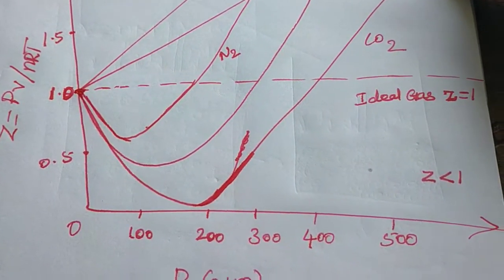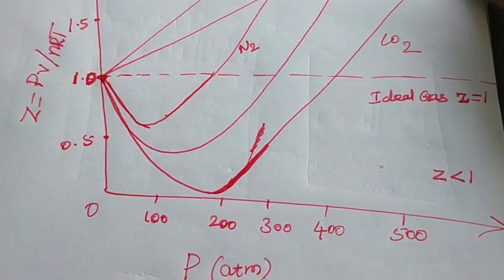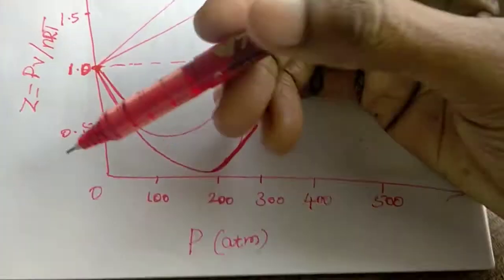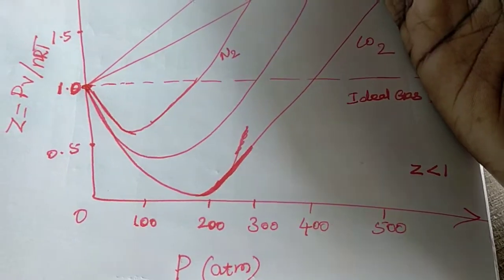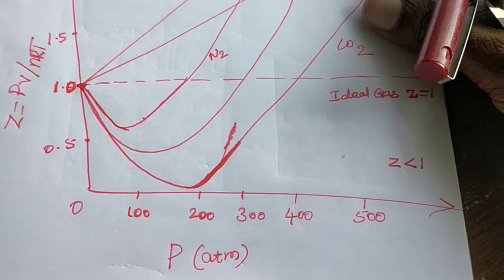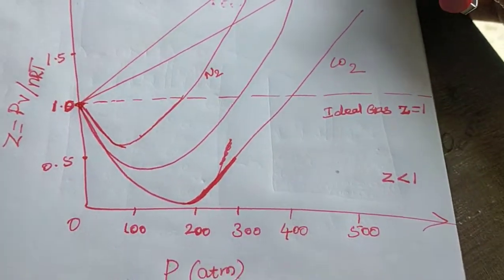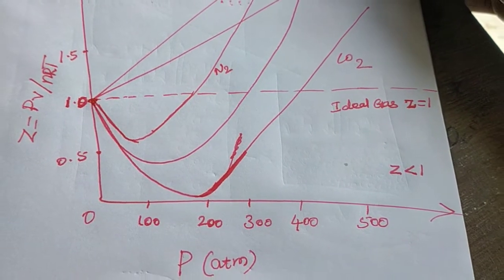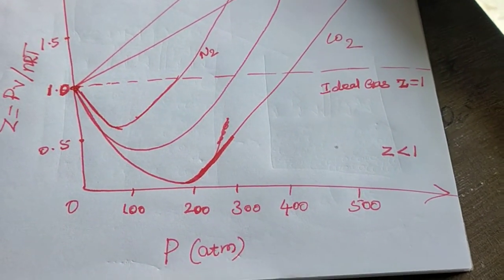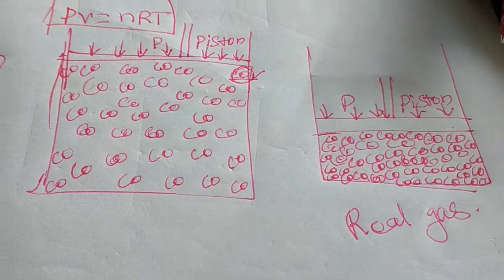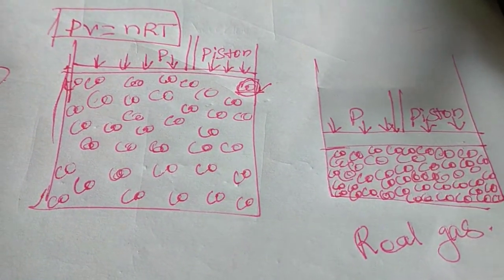When we look at all the real gases at very low pressure and very high temperature, the compressibility factor, or Z value, will be the same as for the ideal gas. So the real gas will behave ideally at very low pressure and very high temperature.